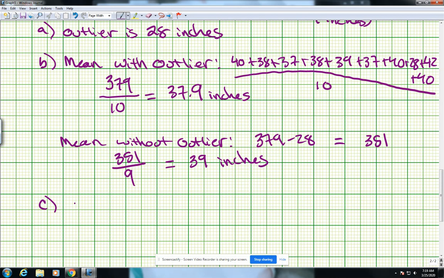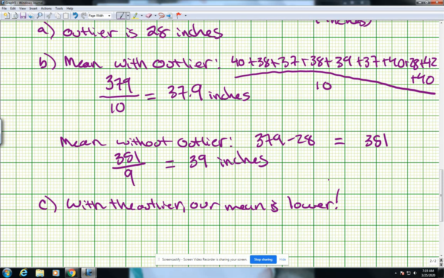So we can kind of generalize that in a sentence. We can say, with the outlier, our mean is lower. So it does affect it by a couple different inches there. So that could be a general statement you can make.